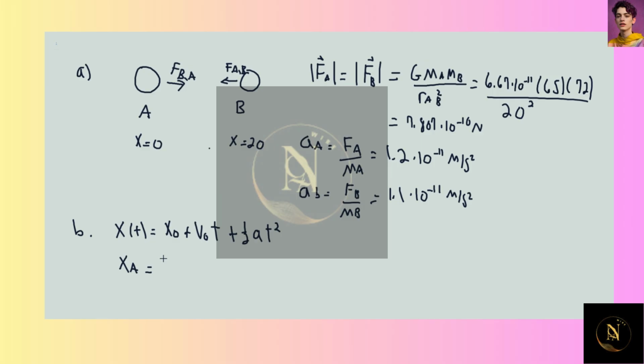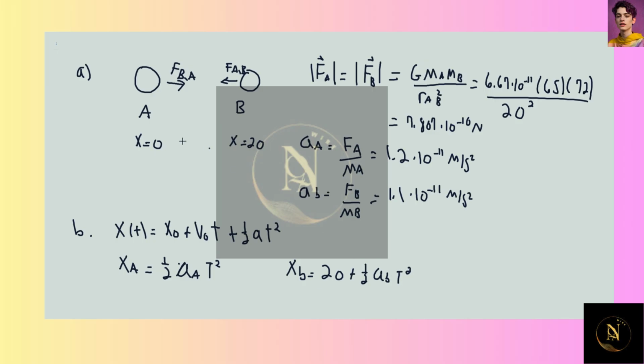So its position as a function of time is just 1/2 its acceleration, so the acceleration of astronaut A times time squared. And astronaut B is going to be an initial position of 20 plus no initial velocity, and then plus 1/2 a_B times t squared.